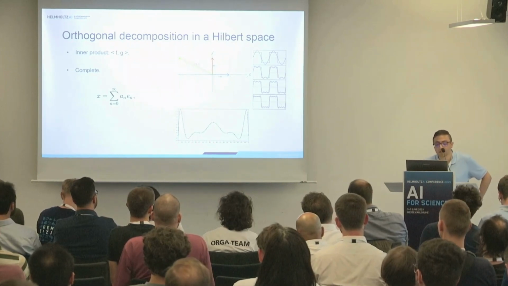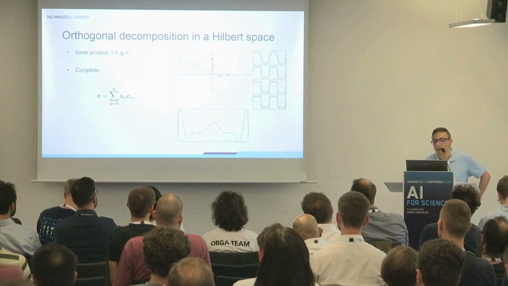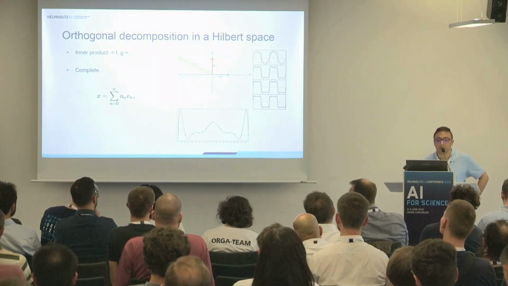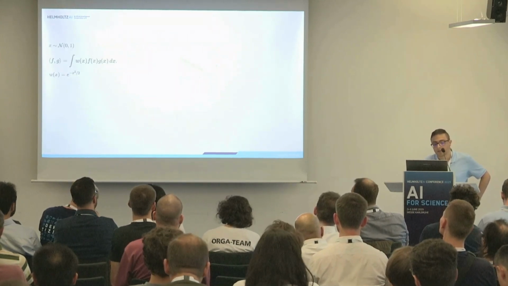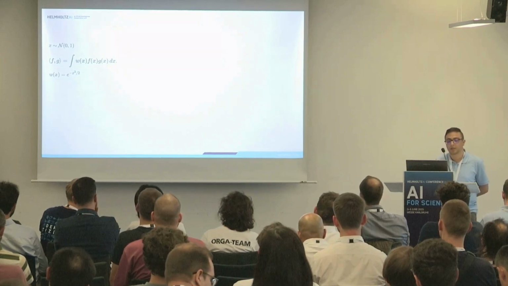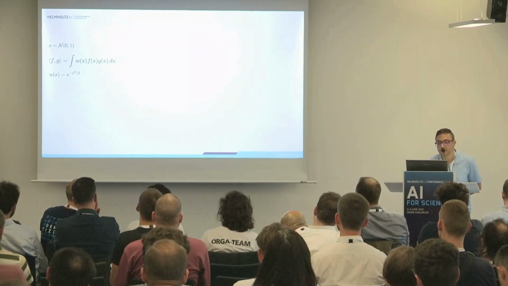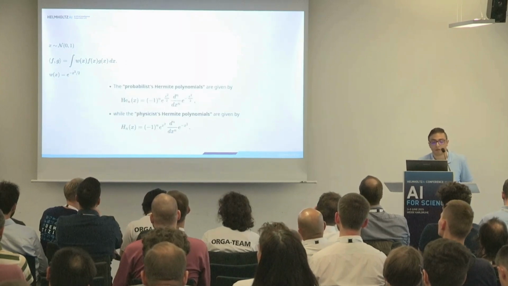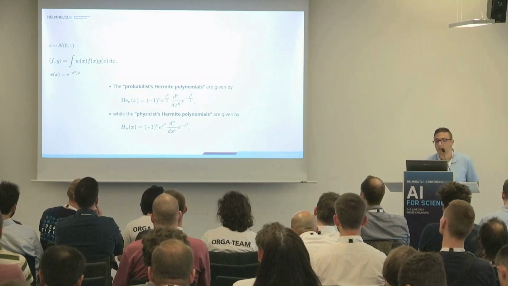But for functions, you might decompose your function in an infinite sum. If you take this inner product, the suitable basis you are looking for to decompose your functions is the Hermite polynomials.